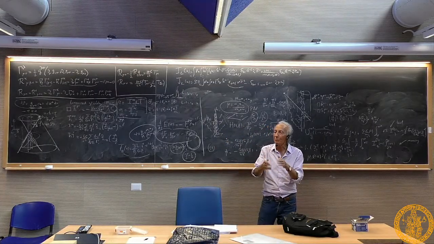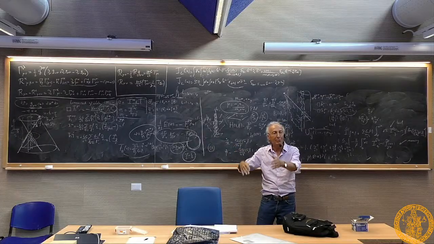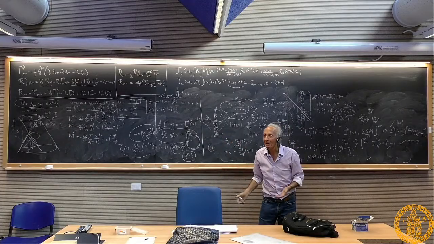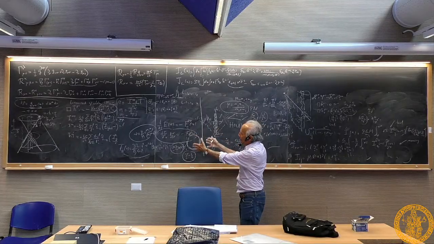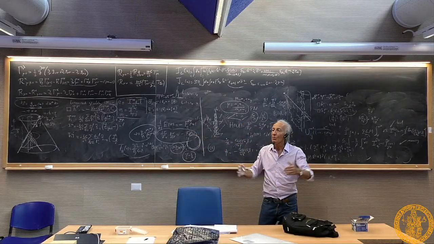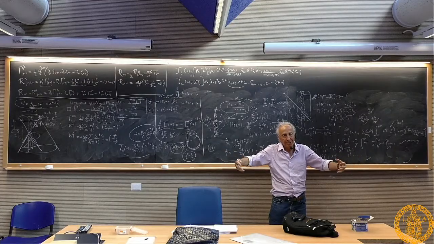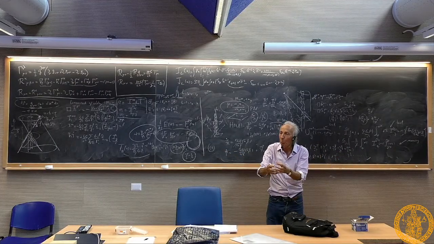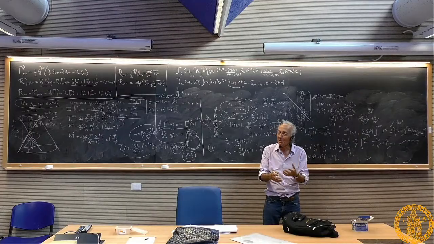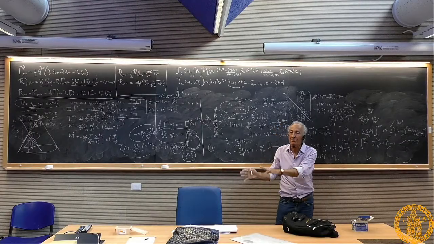You have an expansion which is 1 plus 1 minus 1 plus 1 minus 1 plus 2 minus 3. This means that with the post-Newtonian approximation, you can describe what happens when the two bodies are far away from each other. But the most interesting moment, which was observed by LIGO-Virgo, the last orbits, you cannot describe.